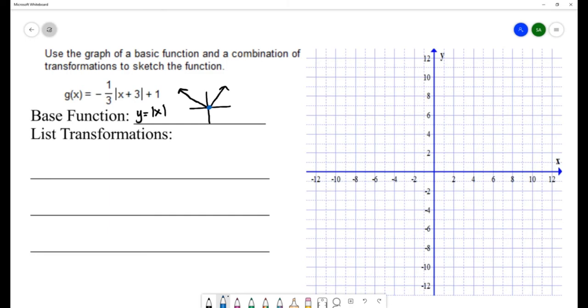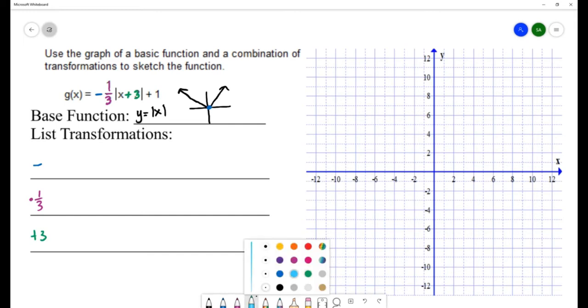Then I'm going to take a moment to analyze the different operations displayed in this function. We have a negative, we have this 1/3, which is being multiplied, we have a plus 3, and we have this plus 1.